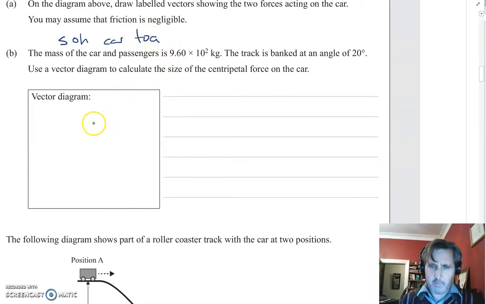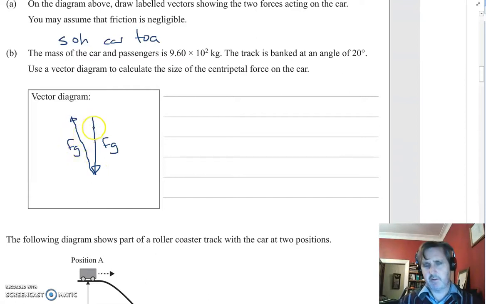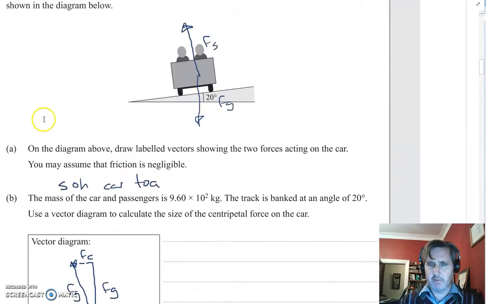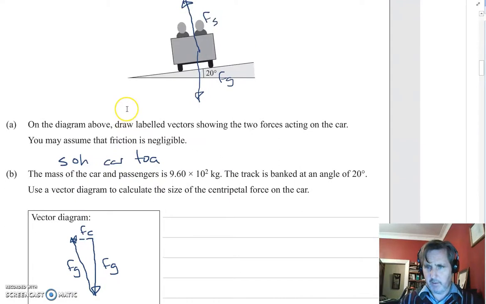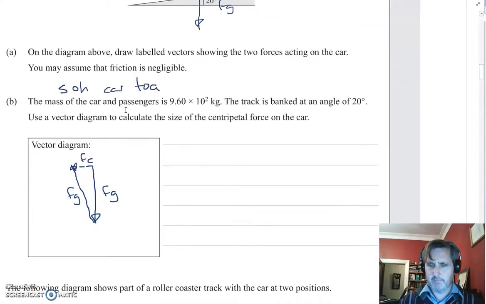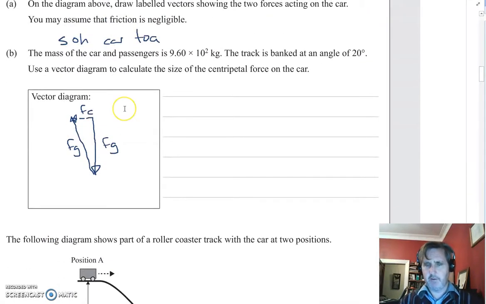We have the force of gravity going directly down, and we have a support force in that direction. Then we have the resultant force, which is the centripetal force, and of course it's going to go to the left, because our car is turning around to the left as we view it, if it's going backwards into the page.